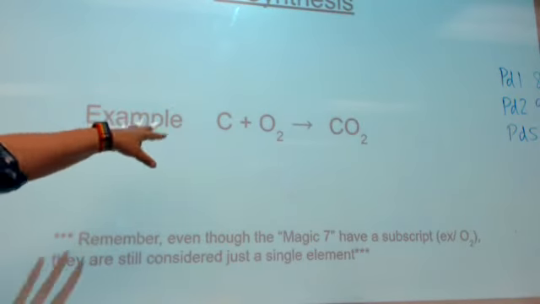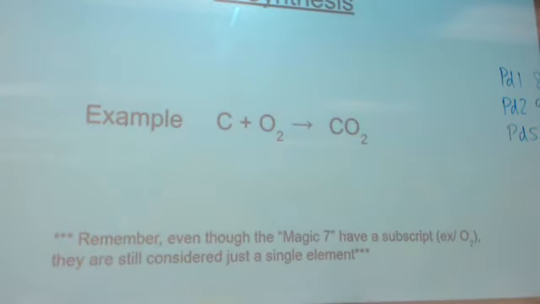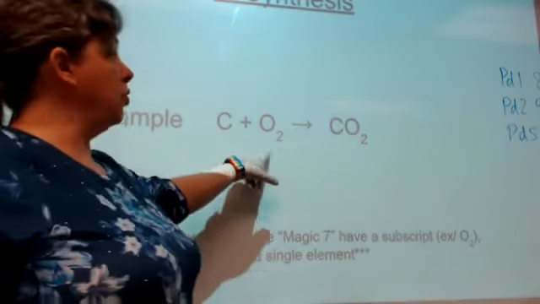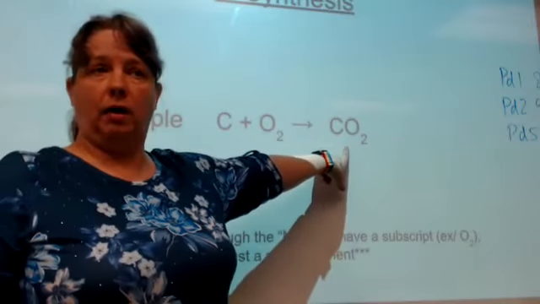Not looking at necessarily the chemicals involved, but the pattern. Okay, if you think patterns for this, you're going to be better off. What do you notice? It goes from two things to one thing.